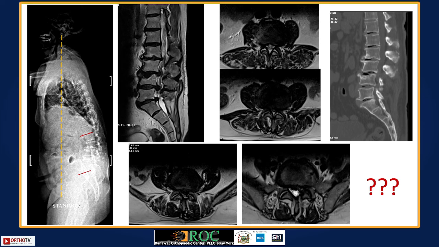When the patient lies down, their lordosis corrects essentially. If it was a rigid deformity, then I'd be much more concerned. In this case, wherever they lie down on the table, the lordosis really doesn't correct too much.